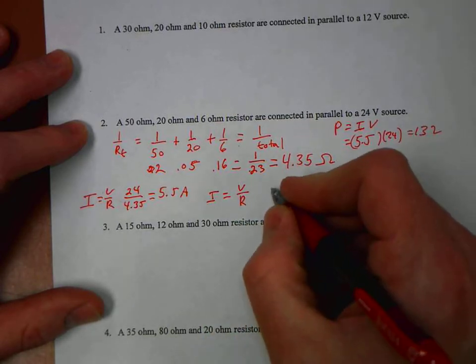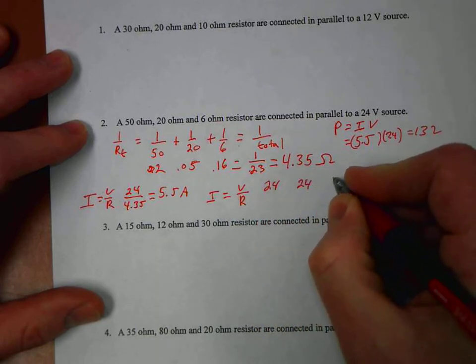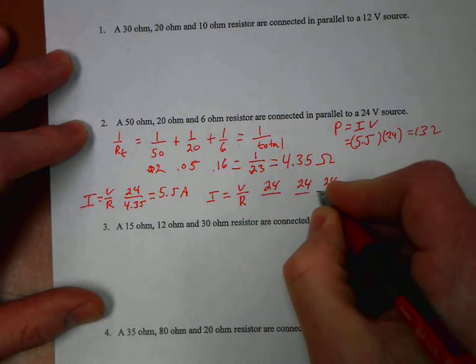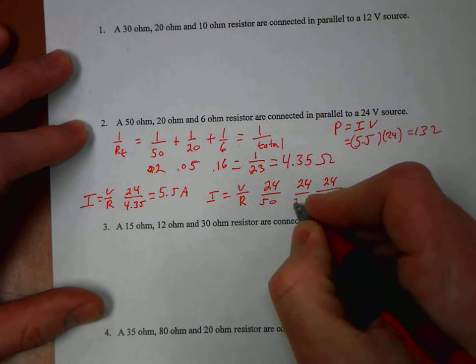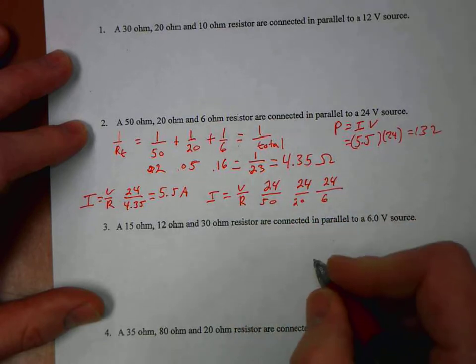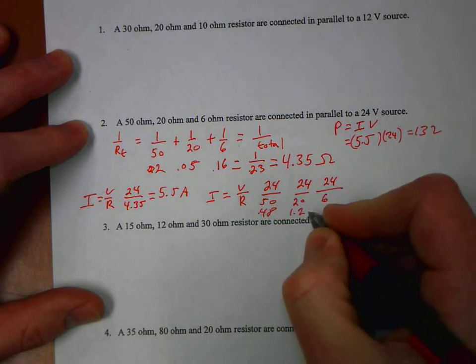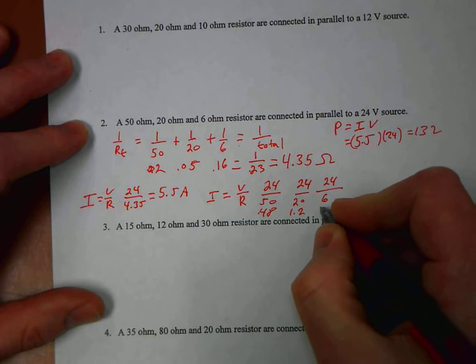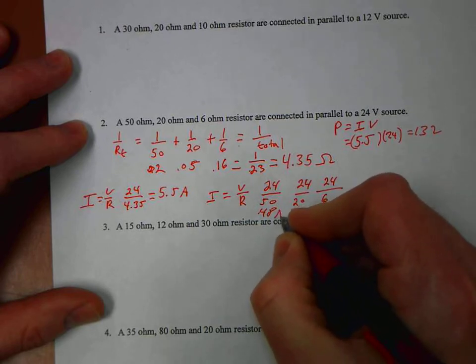The voltage stays the same. So we have 24 volts for everything. We now divide that by our individual resistors, 50, 20, and 6. And we get 0.48, 1.2, and 4. Those are going to be the currents in each of those branches.